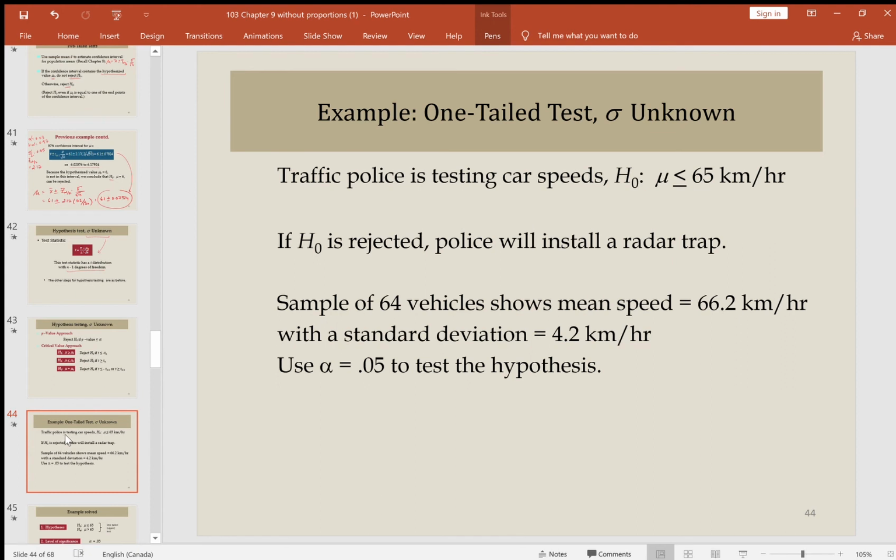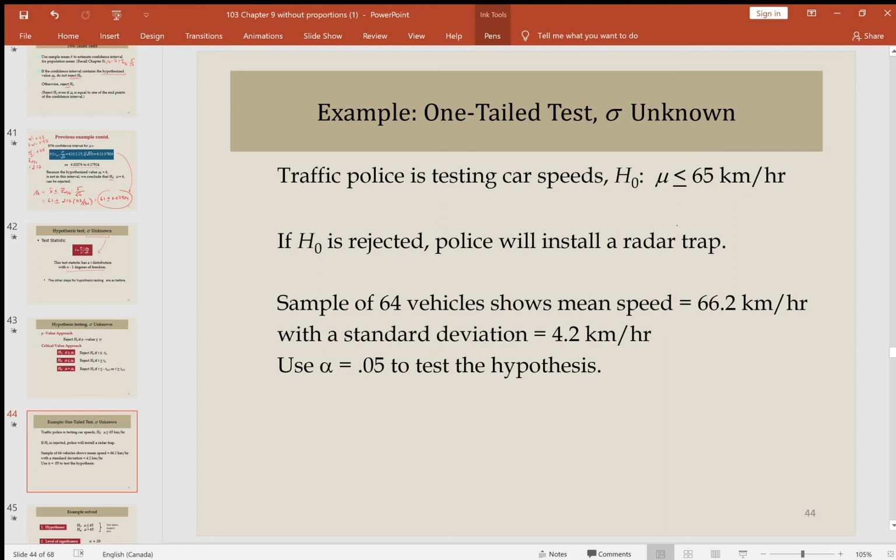Let's say traffic police is testing car speeds and the null is mu is less than or equal to 65 kilometers per hour. If null is rejected, police will install a radar trap. Basically the police is testing whether cars are speeding up.